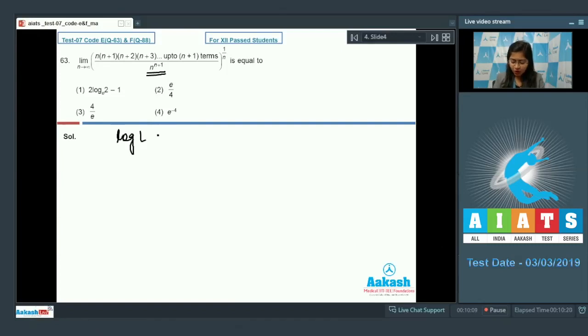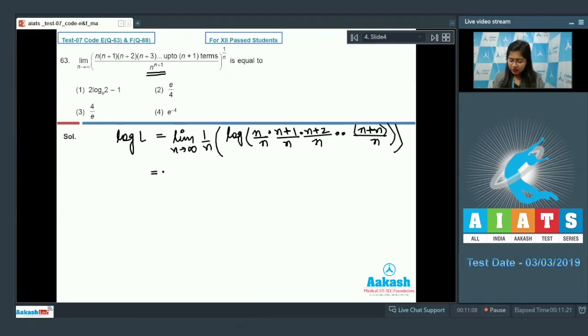We can write log L equal to log of this whole term, where the power 1 by n can be taken out. So it is equal to limit n tending to infinity 1 by n into log of n upon n into n plus 1 upon n into n plus 2 upon n and so on up to the n plus 1 term, which will be n plus n upon n.